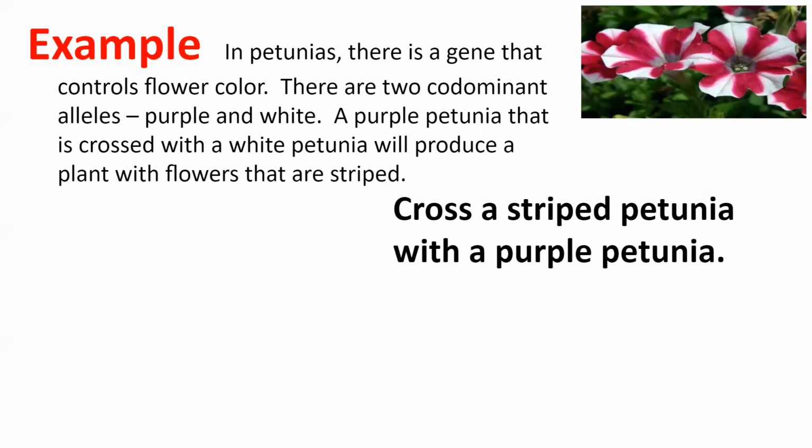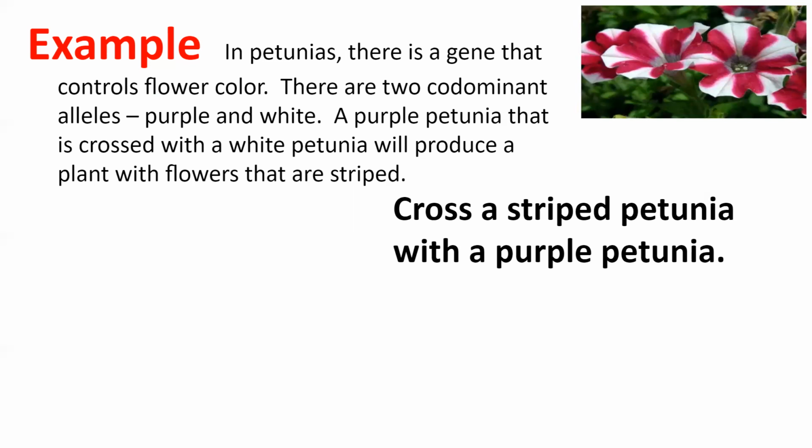Okay. So if we do percentages, we would put 50%. And if this is a genotype, we would put 50% what? Yes, we actually write the alleles. 50% C^P C^P, and 50% C^P C^W. You could also write 50% homozygous dominant, 50% heterozygous.